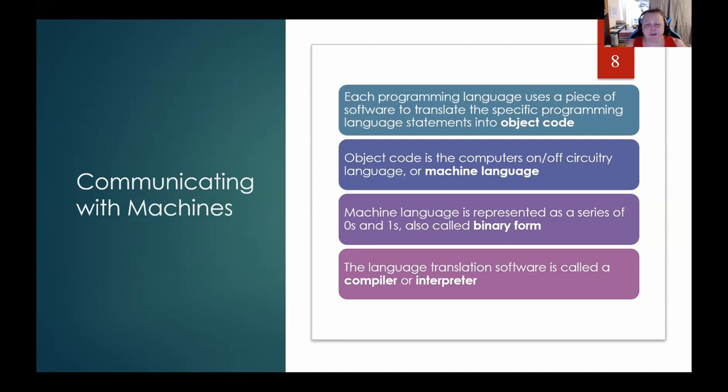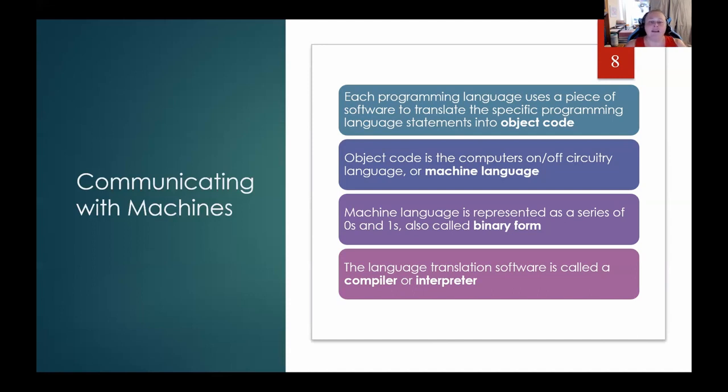Now, a computer is a set of electronics. So in essence, there's only two things it can do. It can either be on or off, or a 0 or a 1, okay? The representation of those zeros and ones of electricity is written down as something called binary form. You may have heard the word binary and just know it's zeros and ones, but that's really what it is.